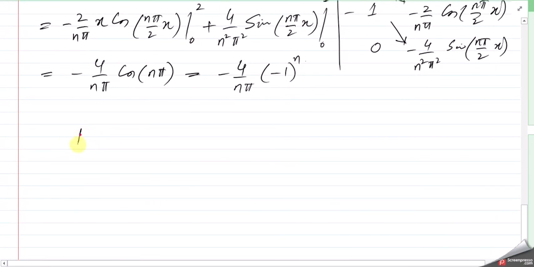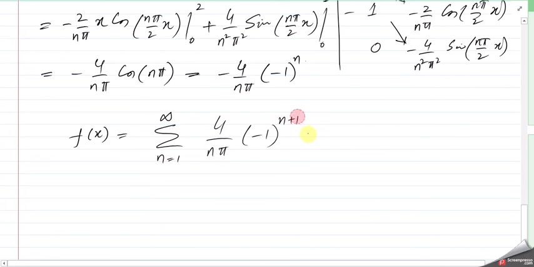And our Fourier series for the function: a naught is 0 and summation n from 1 to infinity, we can write 4 over n pi, minus 1 power n plus 1, into cos n pi by 2 x.